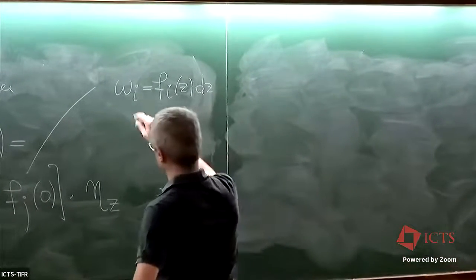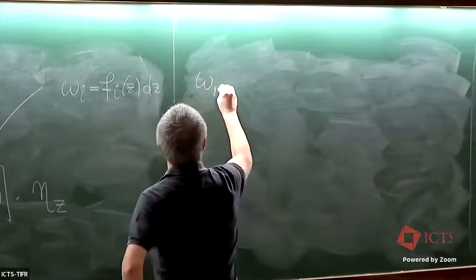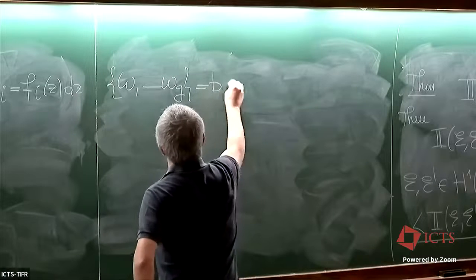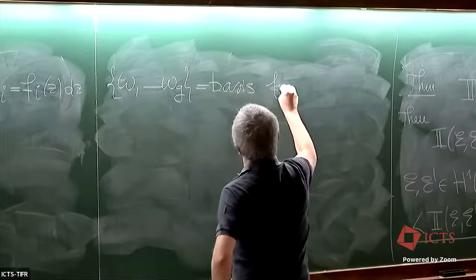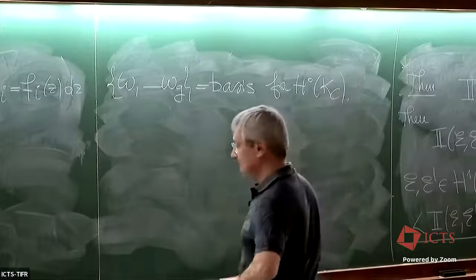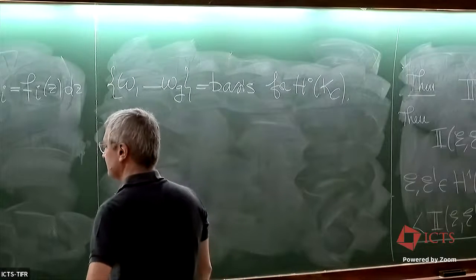This omega 1, ..., omega g is a basis for H naught. And that's it.